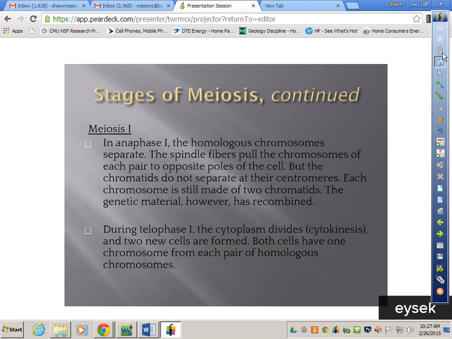Now during telophase 1, the cytoplasm divides through cytokinesis, and the 2 new cells are formed, but both cells have 1 chromosome from each pair of homologous chromosomes. What does that look like?